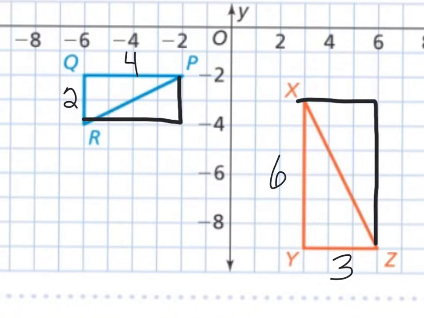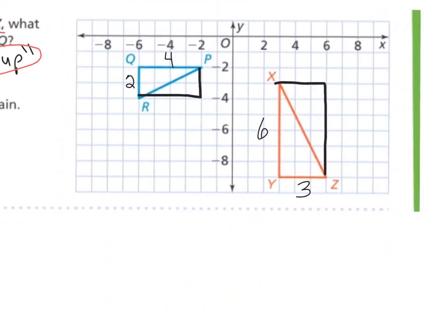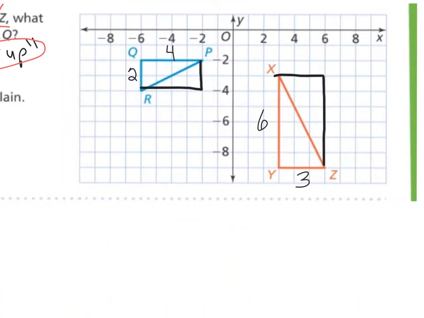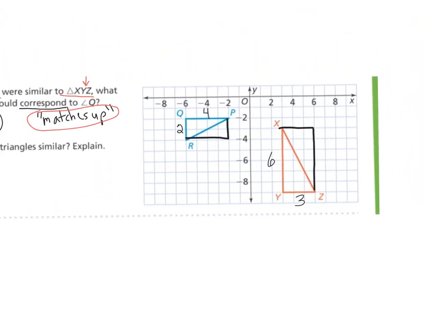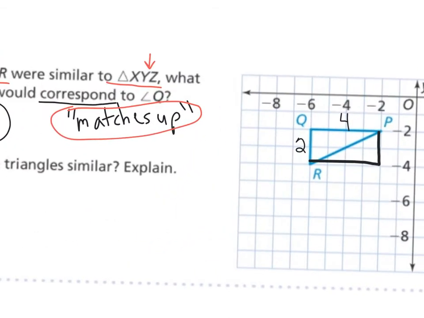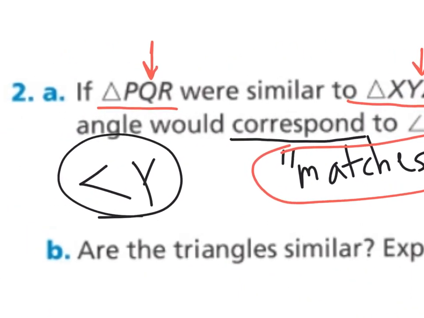In order for these to be similar, the sides that match up with each other have to be proportional. So, you know, this one's kind of obvious maybe. Obviously the smaller side has to match with the smaller side, bigger side with the bigger side. If it was something a little bit more crazy, it's more difficult for us to tell what's happening.